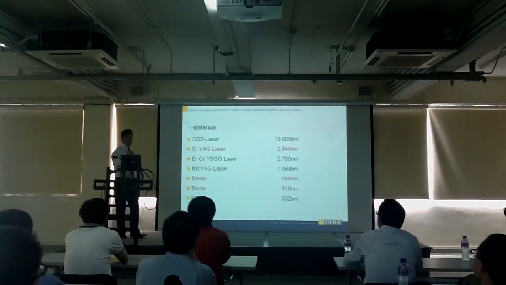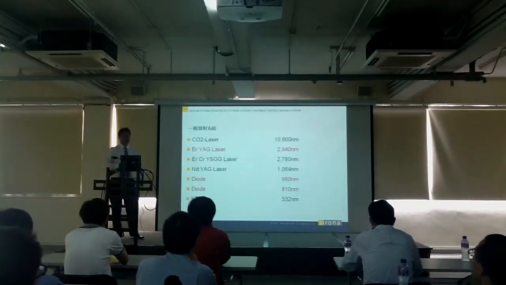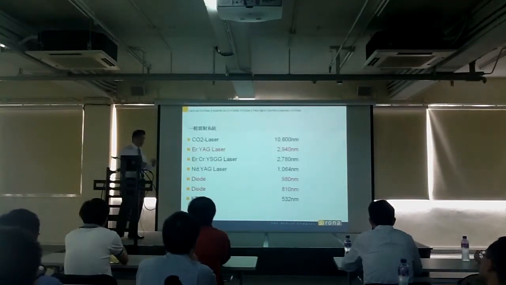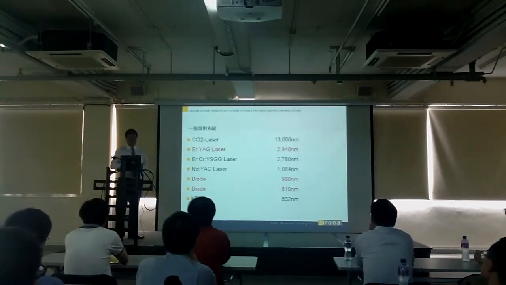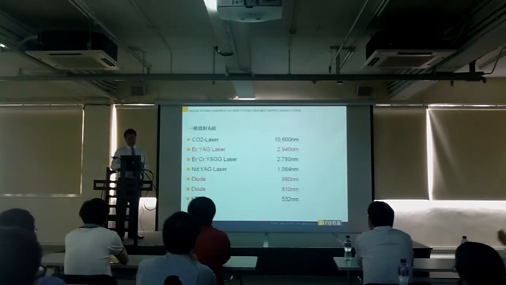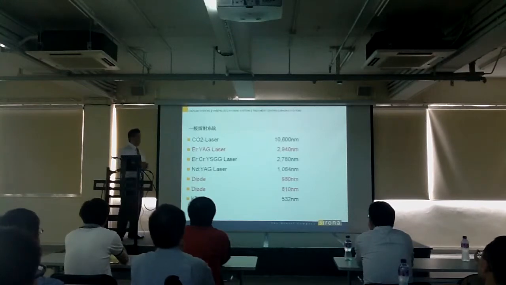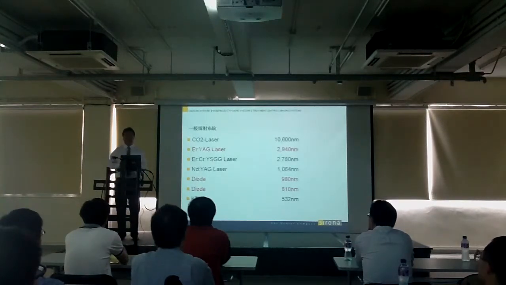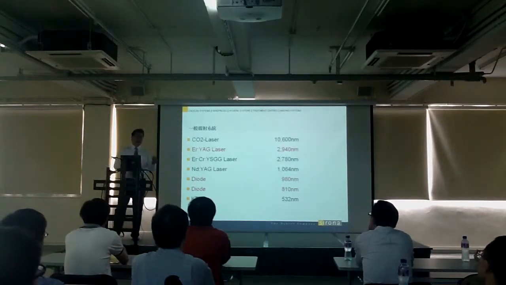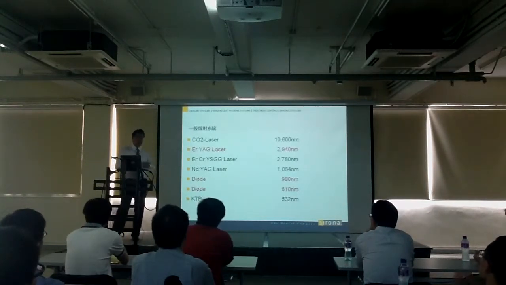This laser pointer is a diode laser. So diode laser is the only one that has multiple wavelengths. I marked erbium YAG and diode in red because that's what we're going to talk about the most, and that's what will help you the most in your daily work, even though we have a lot of others.